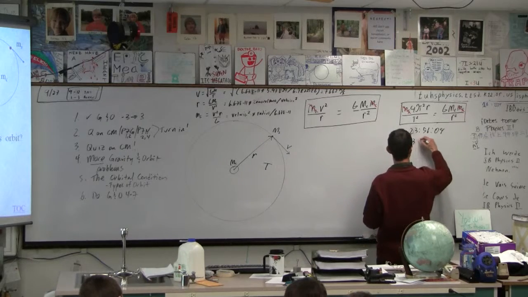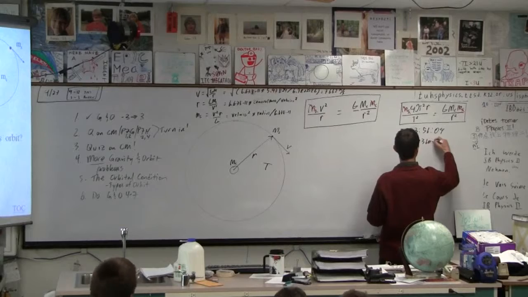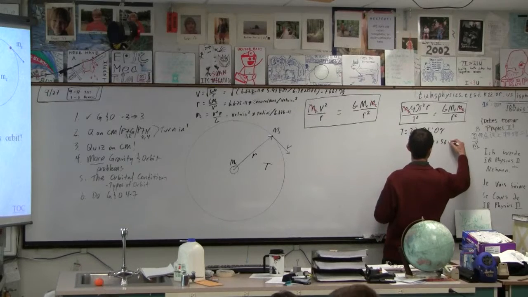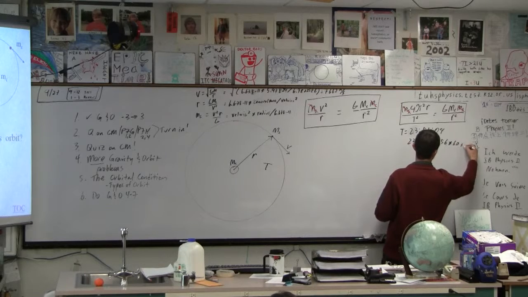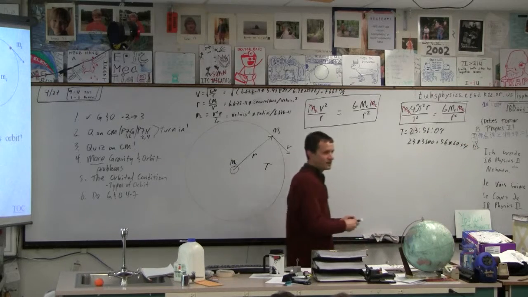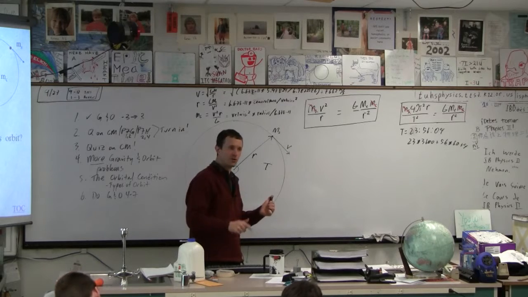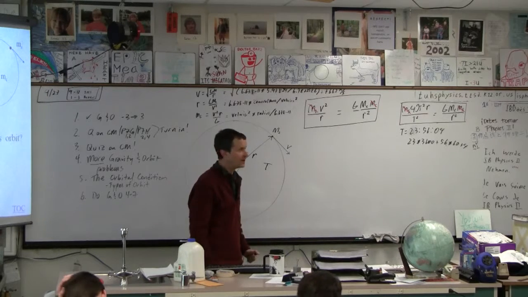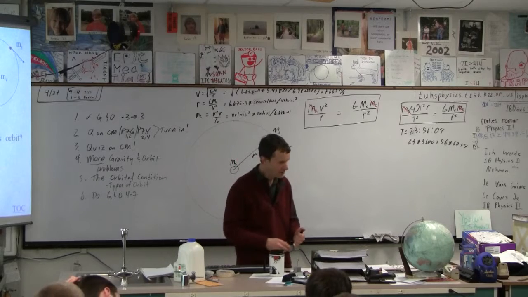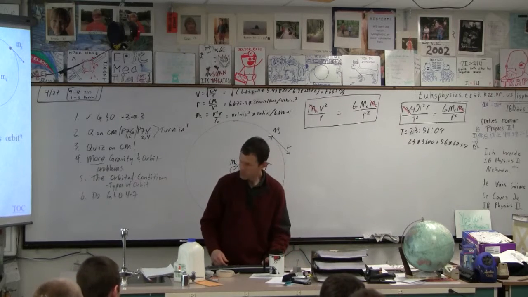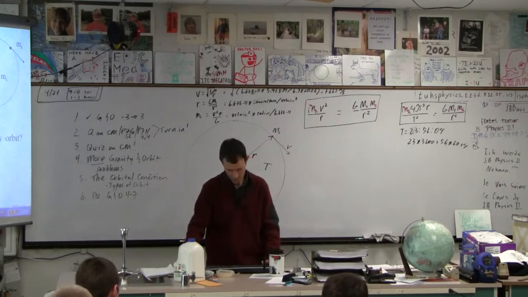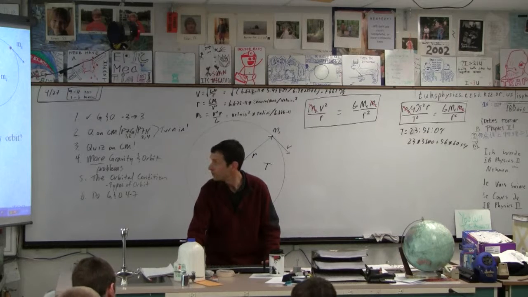Go 23 times 3600 plus 56 times 60 plus 4, right? That's how you go. Or if your calculator has degree minutes seconds conversion, by the time you've learned how to do that, you might as well do this. What do you get? 86164, that's what it is.